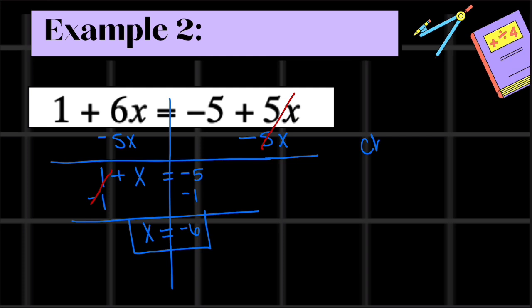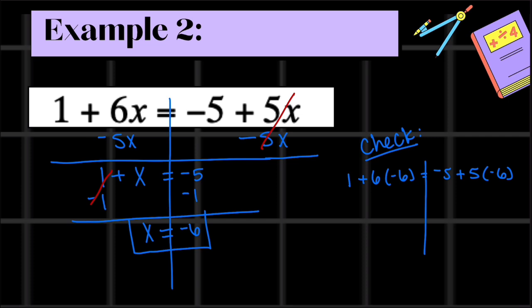And I can also check my work by plugging in negative 6 everywhere I see x. So I have 1 plus 6 times negative 6 equals negative 5 plus 5 times negative 6. And we're going to see if both sides of the equal sign equal each other. If they do, then I know that my answer is correct.